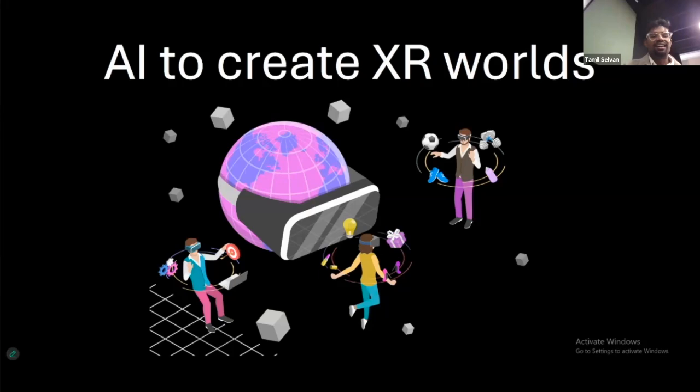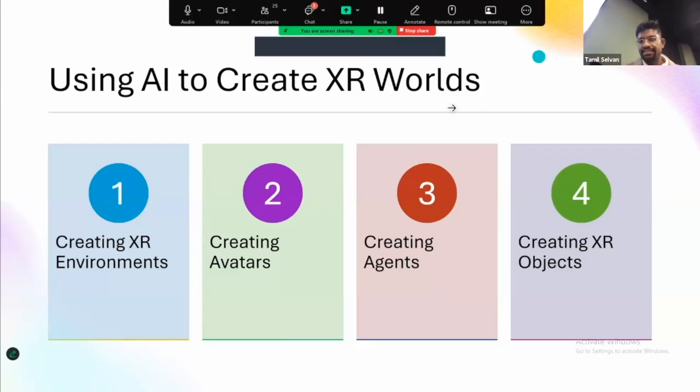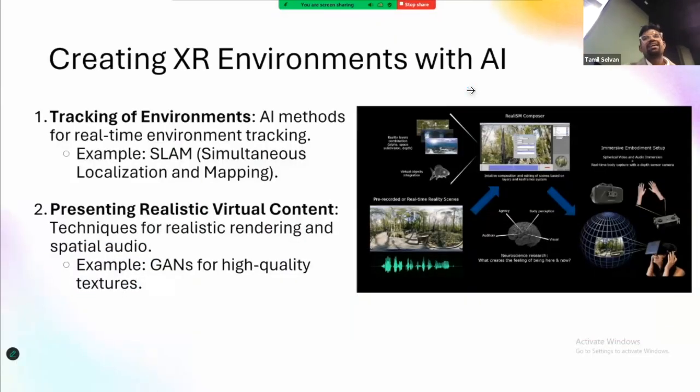First, we will explore how AI is used to create the XR world. In the XR world, there are four categories: the environment, avatars, agents, and XR objects. First is the environment, and there are two ways in it. One is tracking real-world objects and creating a digital twin in the XR world.